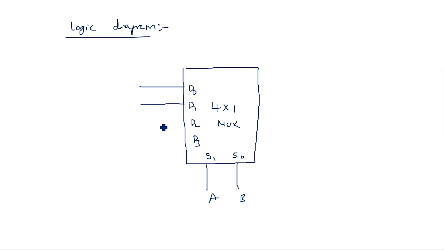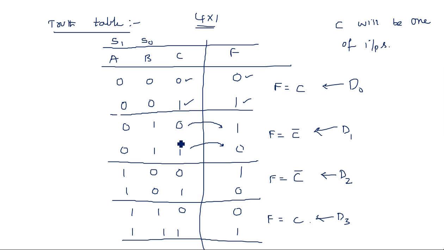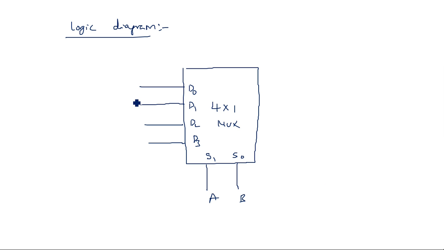So D0 and D3 are connected to C, and D1 and D2 to the complement of C. That's it.